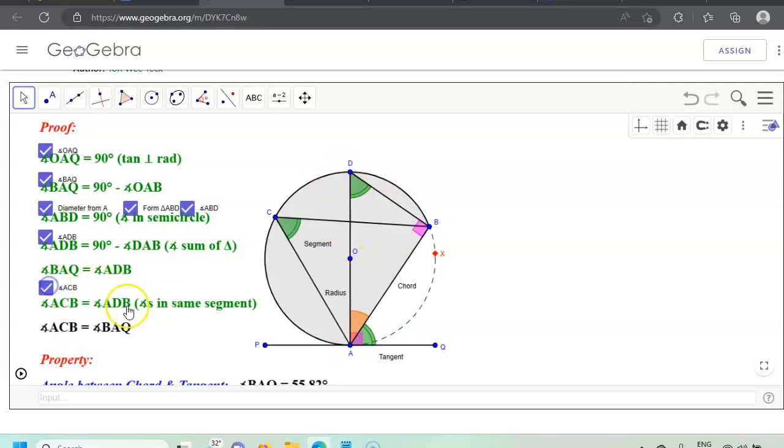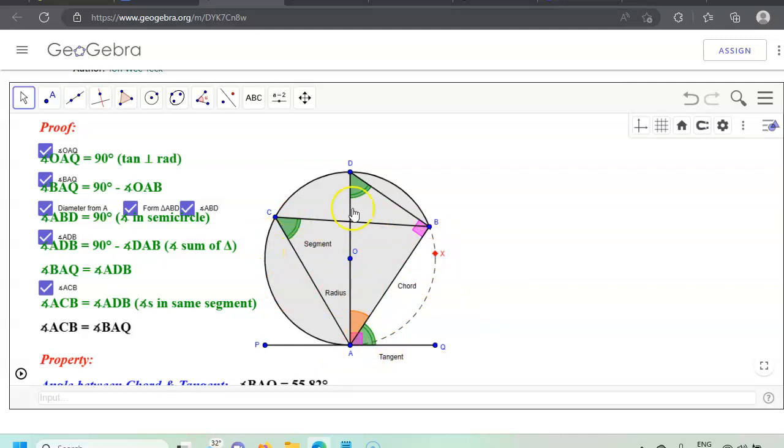Okay, and we're going to add another element, a point C here, and it's another angle at the same segment, the angle at the alternate segment to angle BAQ considering chord AB.